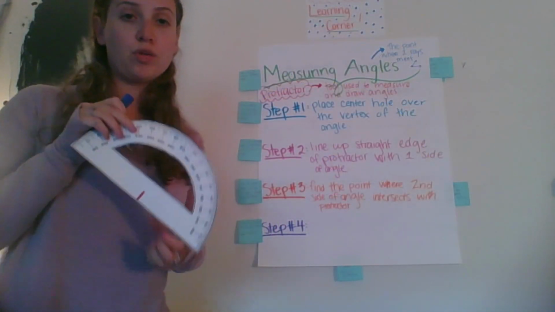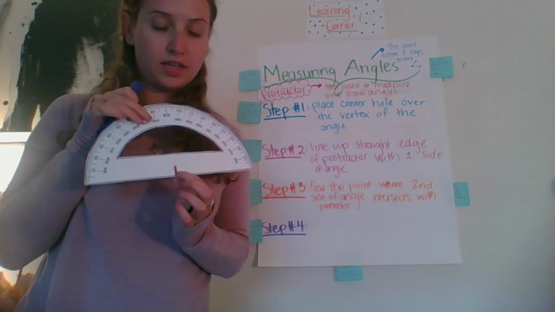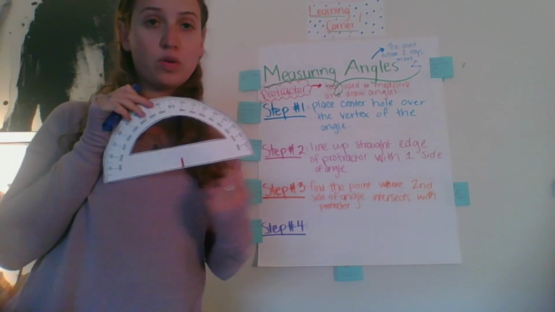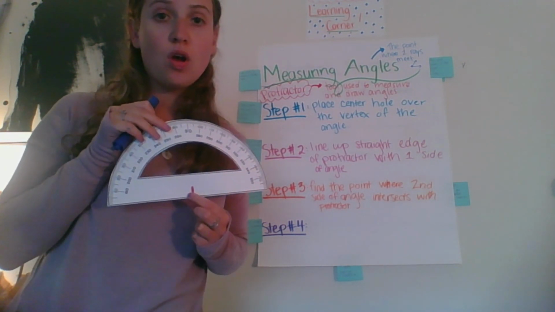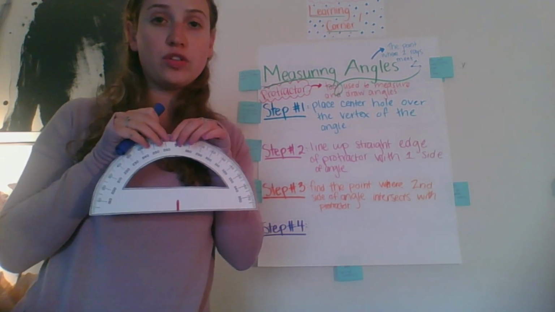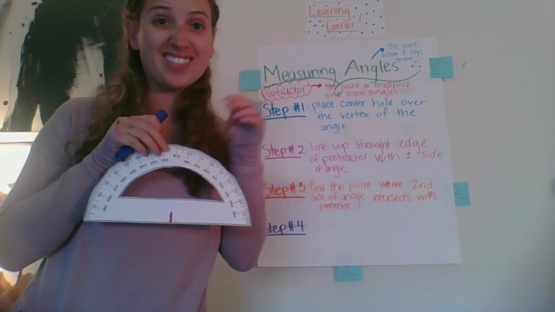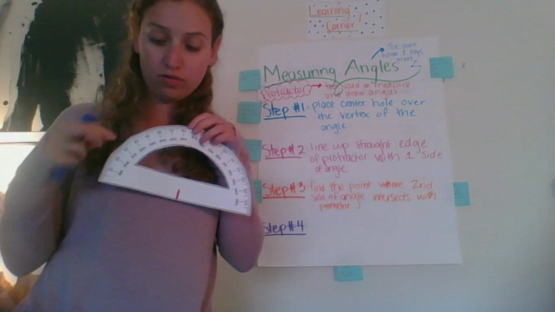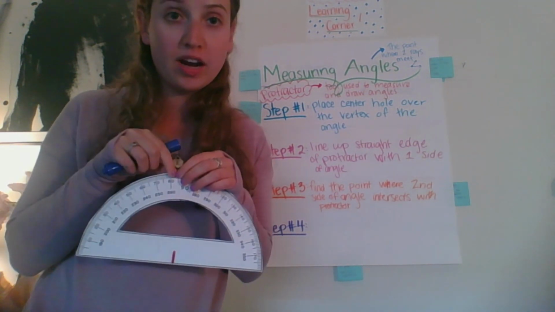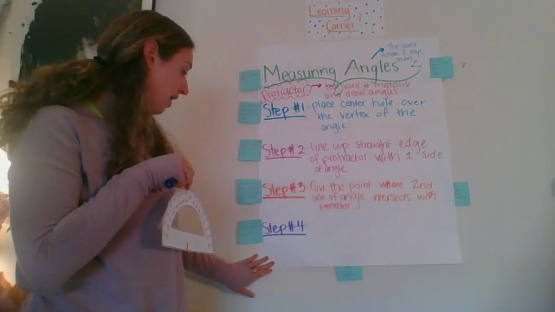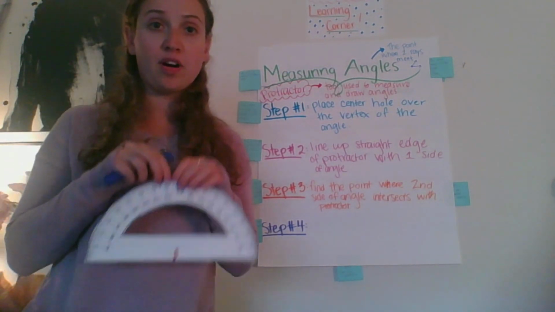So we've lined up the center hole on the protractor with one side of the angle. We have looked at where the second side of the angle overlaps with the numbers on our protractor. And our last step is to read the number on the protractor.